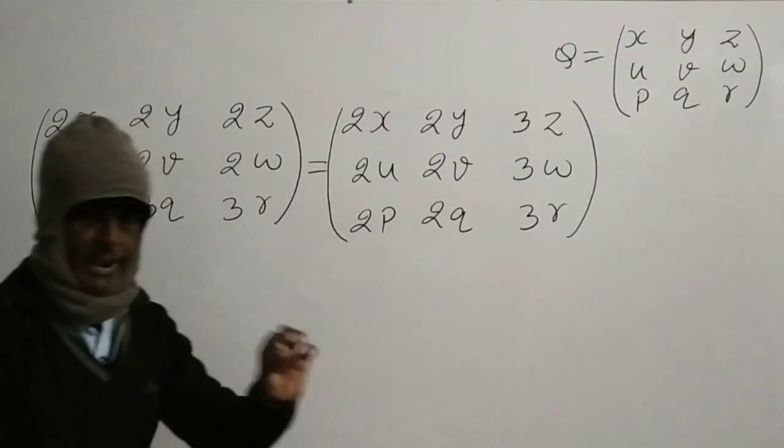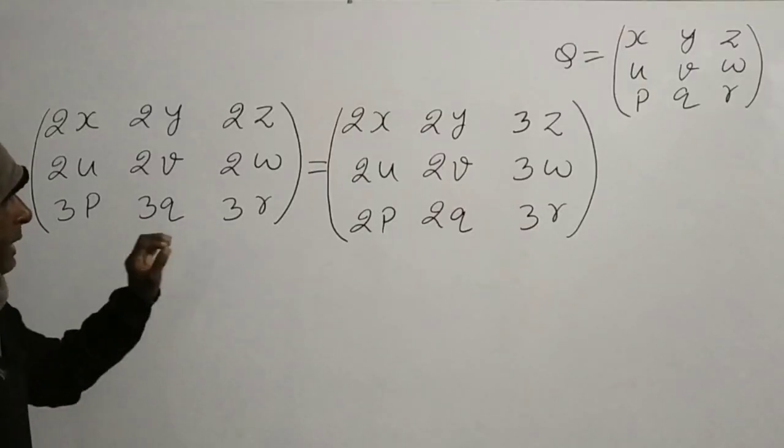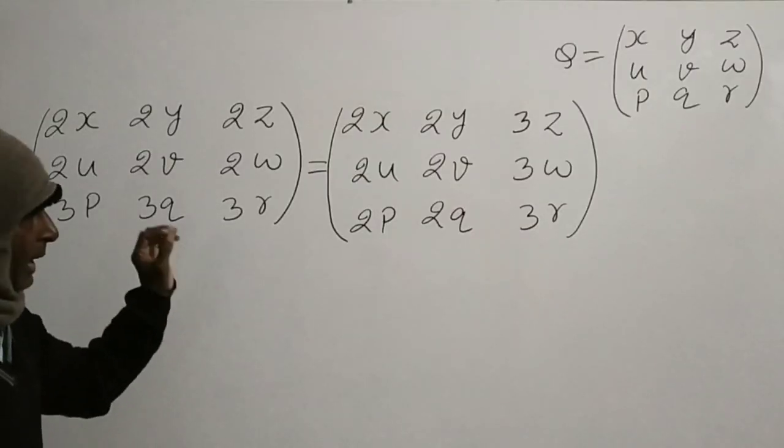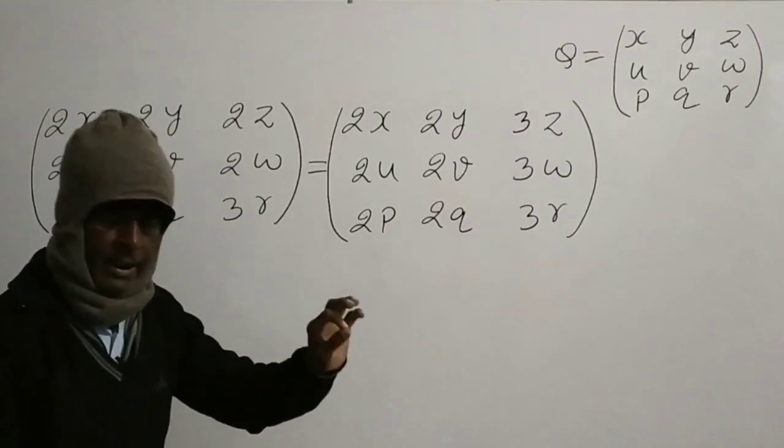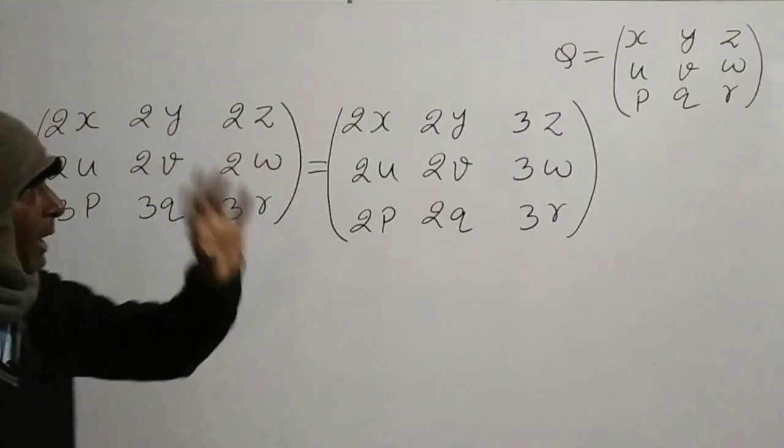When two matrices are equal, then elements at the same position in the two matrices are also equal.